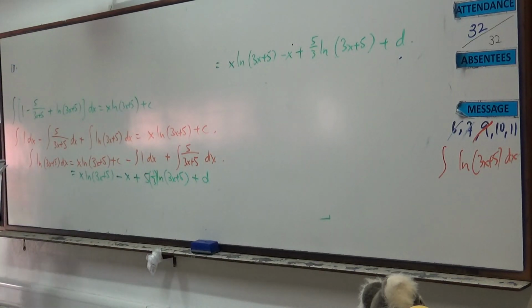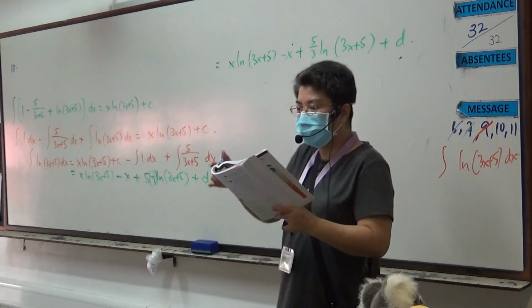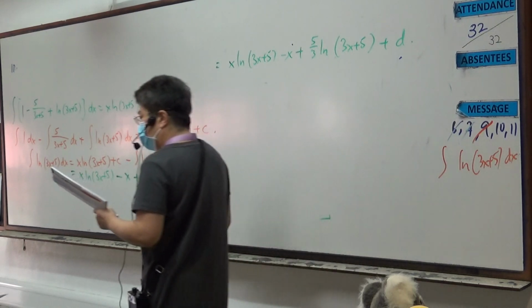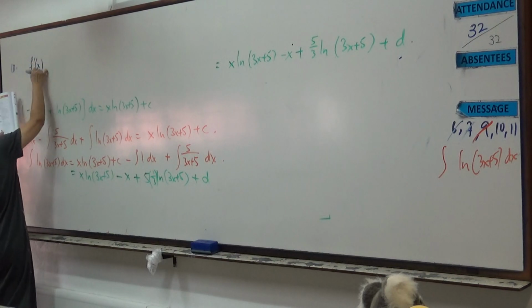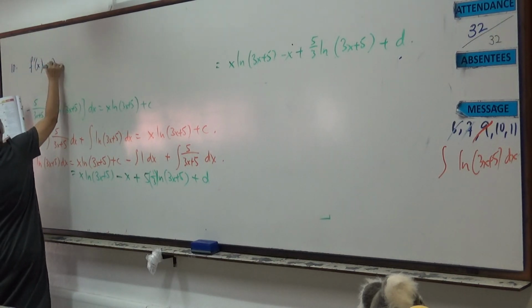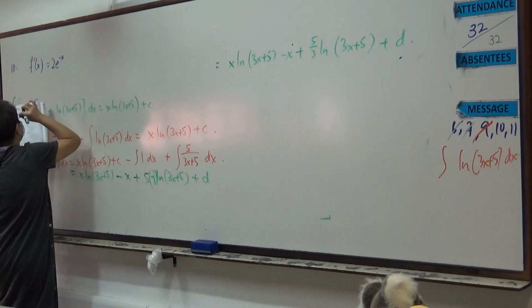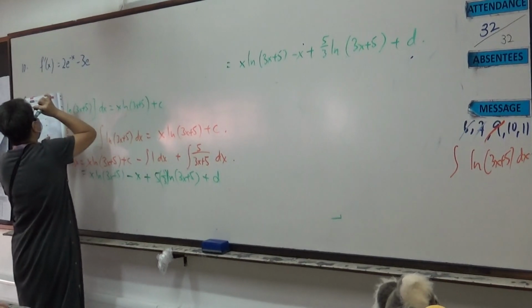Okay, let's look at question number 10. The gradient of a curve y equals f(x) at any point (x, y) is given by f prime x, that means this is the gradient function: minus e to the minus x, minus 3e to the 3x plus 1.